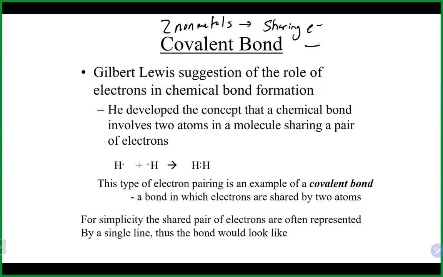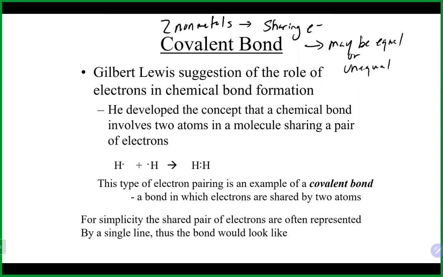As we will talk about here, the sharing may be equal sharing or unequal sharing, and we're going to talk about how you can determine that a little bit later on in this chapter. But there is some aspect of sharing, either equal or unequal, but there is no transfer of electrons here.